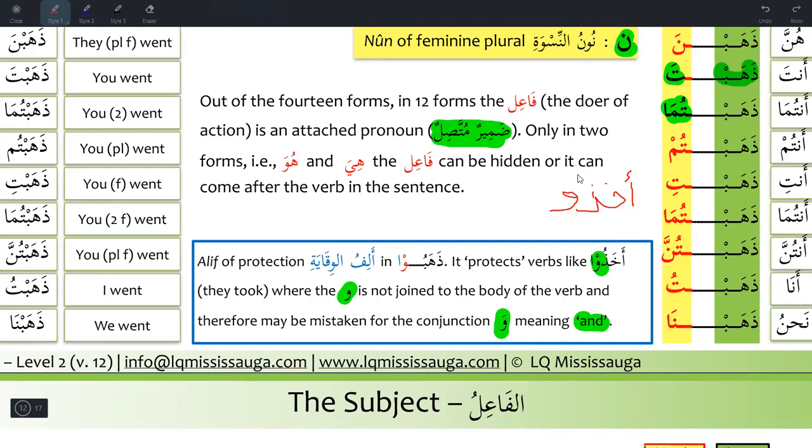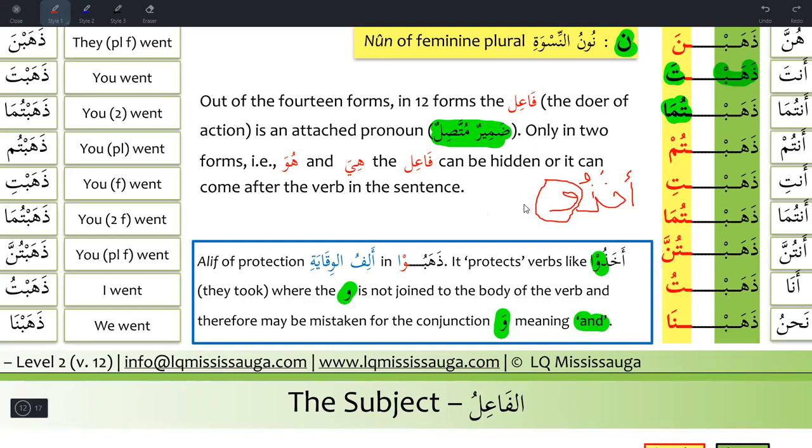If we don't put alif, kha, zu, then there is a possibility we read akhazu and we give this waw the meaning of and, while this is not and.